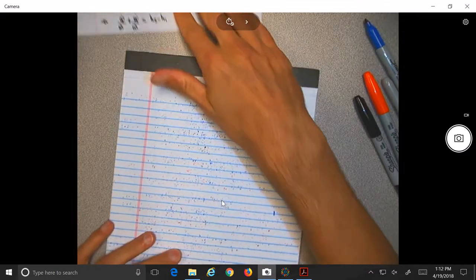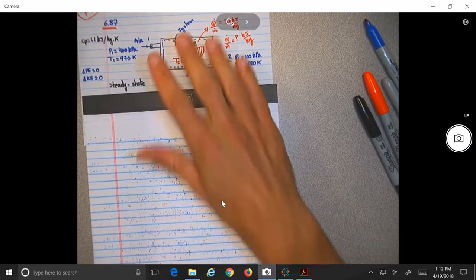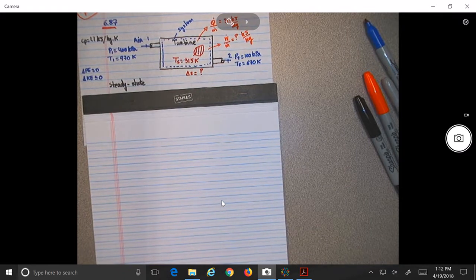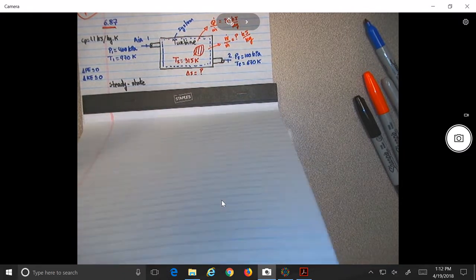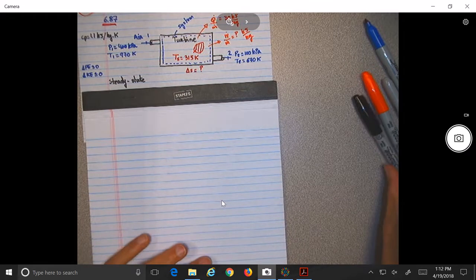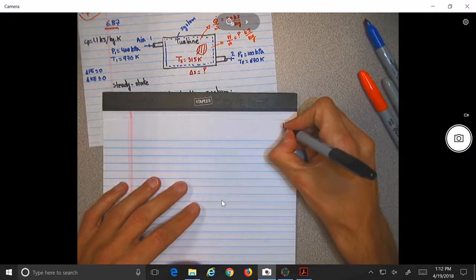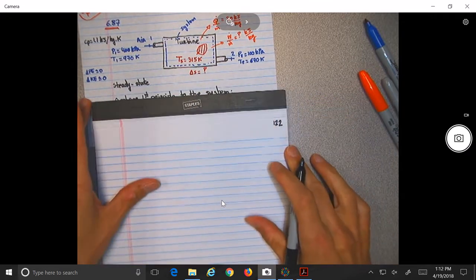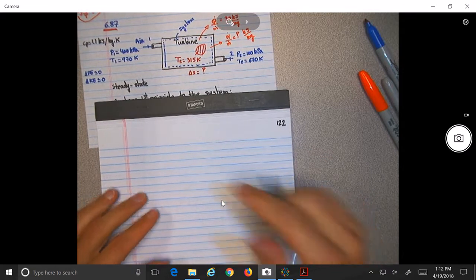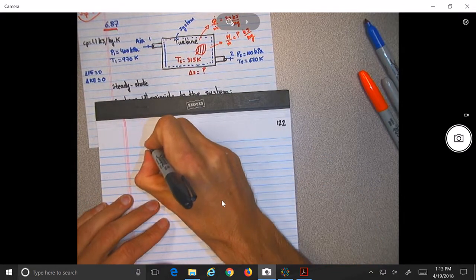I always need my figure, okay? I always need my figure. So 122. What would be the total change in entropy?